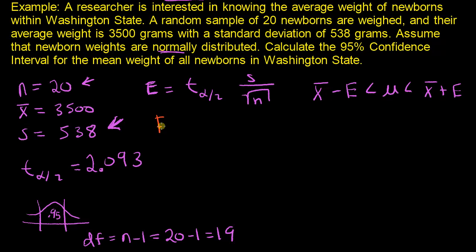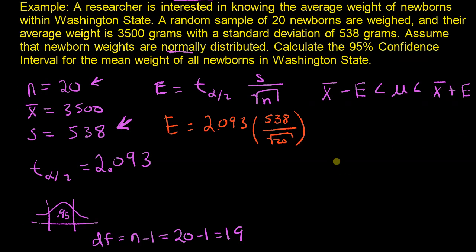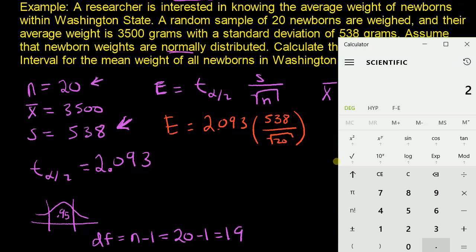So let's start plugging things in. E equals 2.093. S is 538. N is 20, so the square root of 20. Let's pull out our calculator and calculate this. 2.093 times 538 divided by square root of 20.